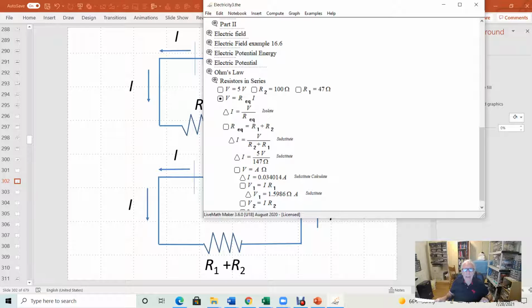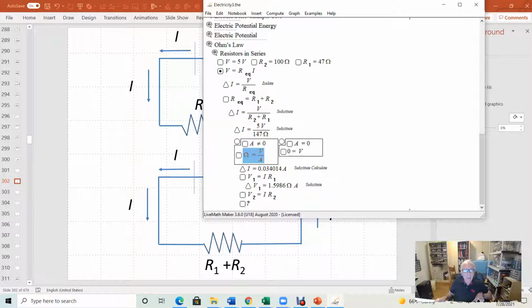Amps ohms. Let's not forget that ohm is volts divided by amp. I'm going to substitute that right here, and we get 1.59 volts.